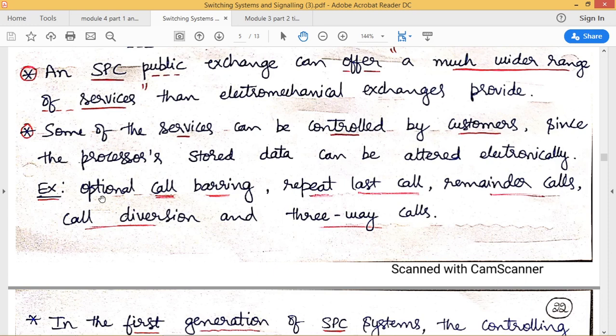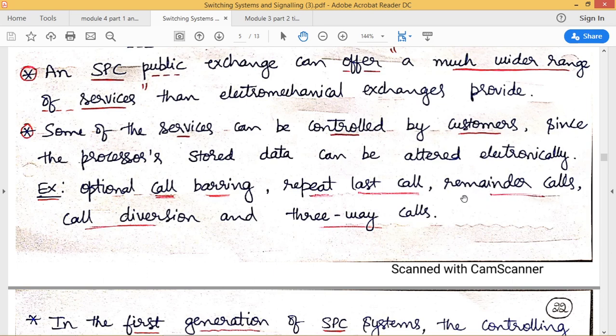One example is optional call barring. If a customer does not want to receive a call from a particular number, then he can go for the call barring service. Similarly, repeat last call: whatever call he has made previously, he can make again without dialing those numbers. Similarly, reminder calls means a call can be made with the help of a reminder placed inside a telephone.